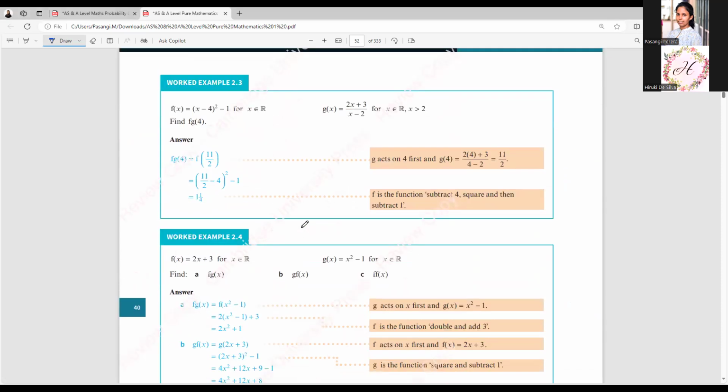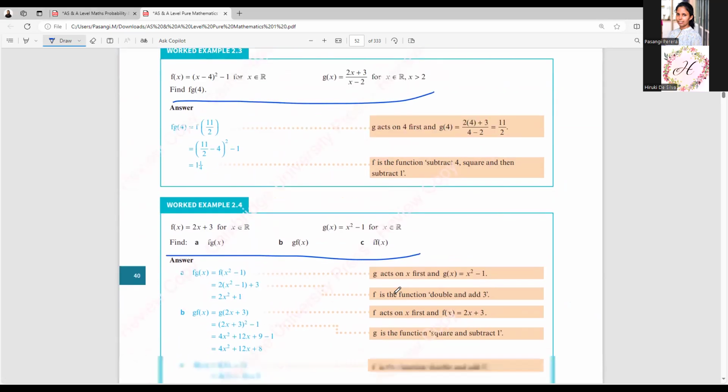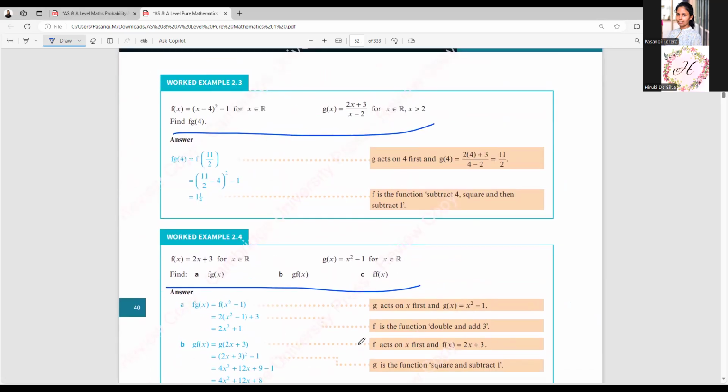Then, for this, can you do the worked examples only? Without looking at these ones, we'll do the worked examples and you can do the exercise at home.